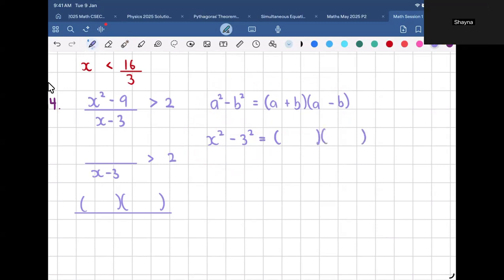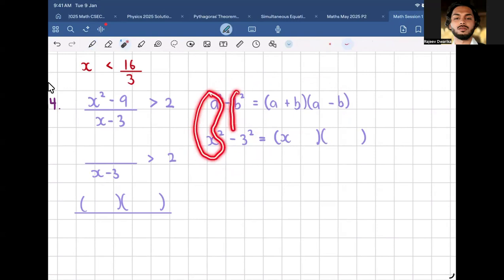It would be x. You're going good. So a would be x and what would be b?